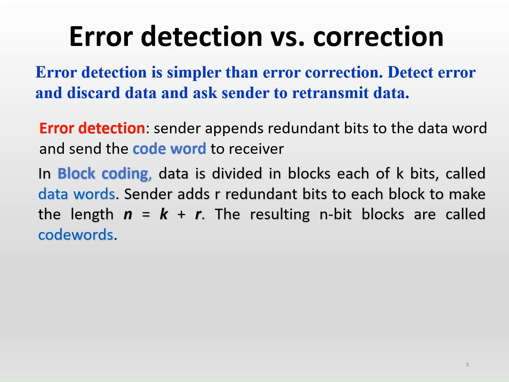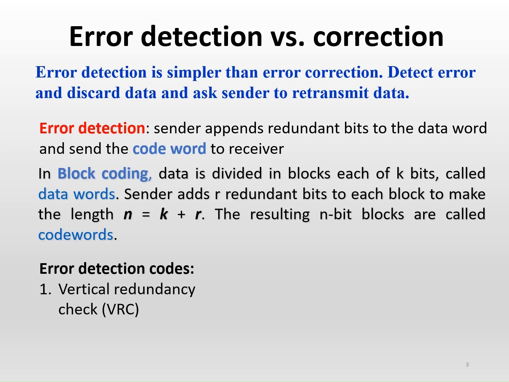Let's know about another term which is called block coding. In block coding, a group of data bits called the data word is protected by the redundant bits. Suppose the data word length is k bits, then r redundant bits are added. So total k plus r, which is equal to n, will be the length of the code words.